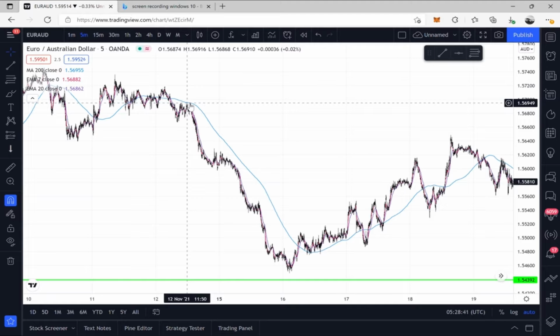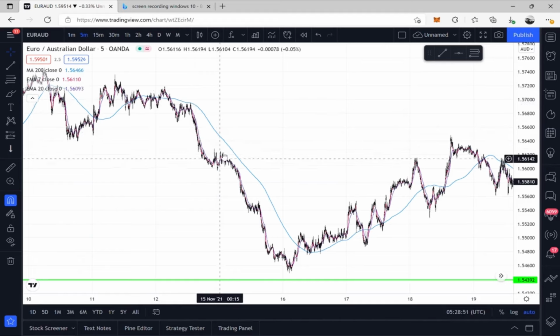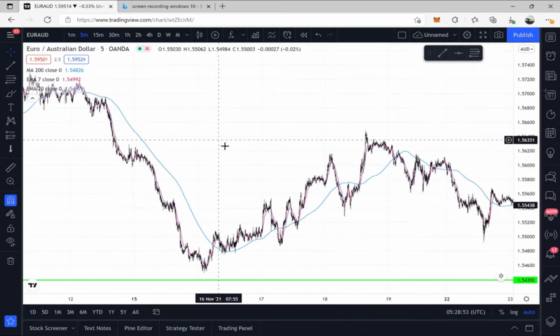instead of not setting a stop loss and pretty much letting your money go. When you don't set a stop loss and the market goes against you, it could keep dropping and eat up your whole account or blow up your account.